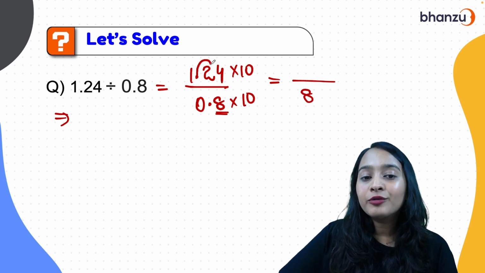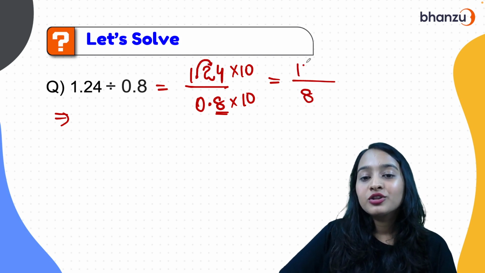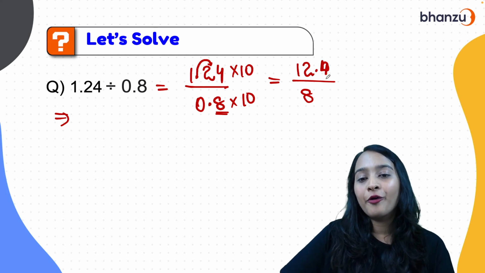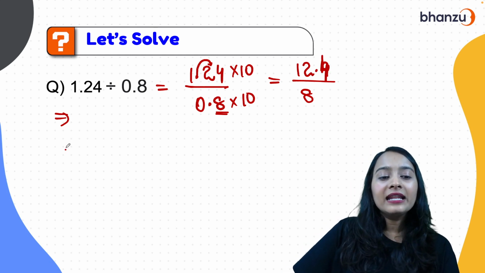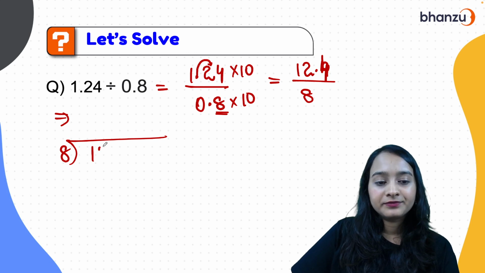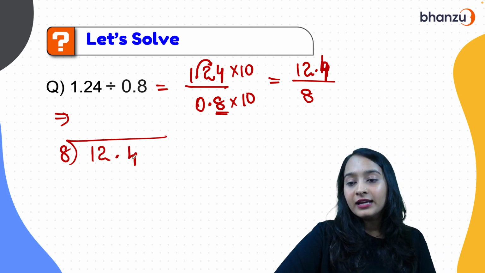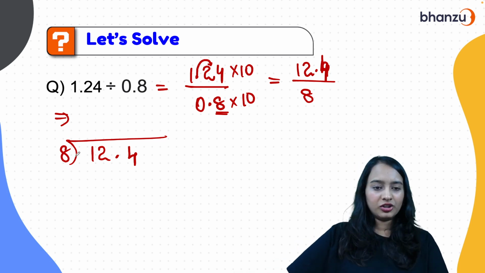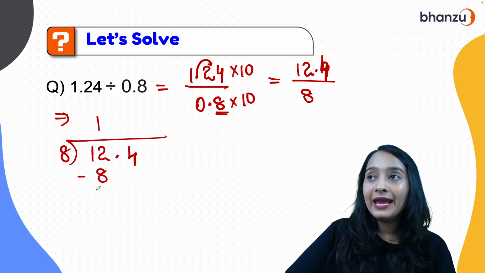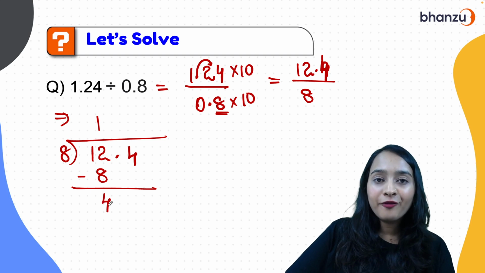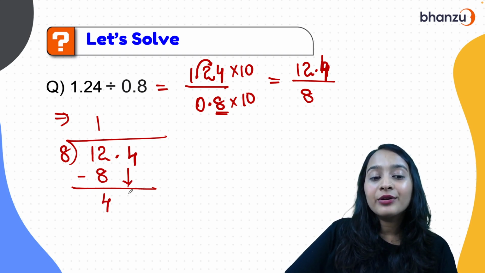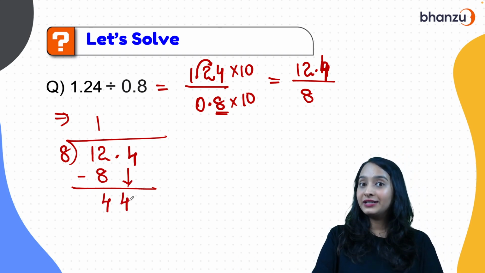Now here you'll have to move one digit towards the right side. So 12.4. Alright. And then goes the normal division. 12.4. So what do you have here? Just normal division. 8 into 1 will give you 8. And then 4. Now you're bringing down a number after the decimal point.